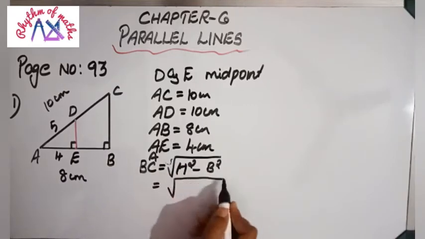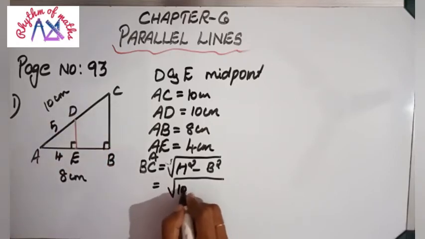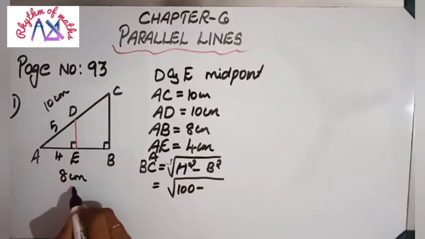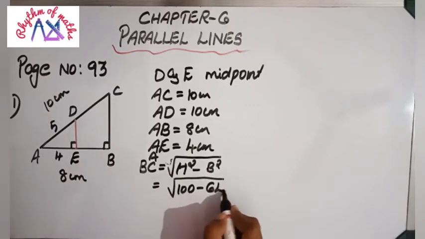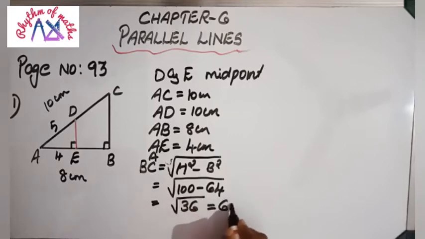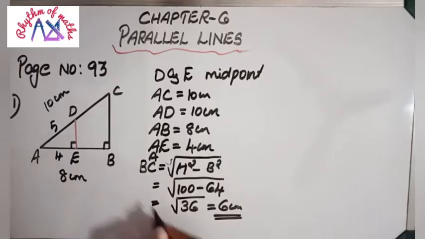Hypotenuse is 10 centimeter, so 10 square is 100, minus base 8 centimeter, 8 square is 64. So 100 minus 64 is 36. Root 36 is 6 centimeter. So here BC is 6 centimeter.